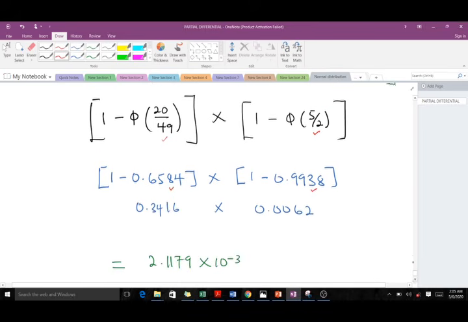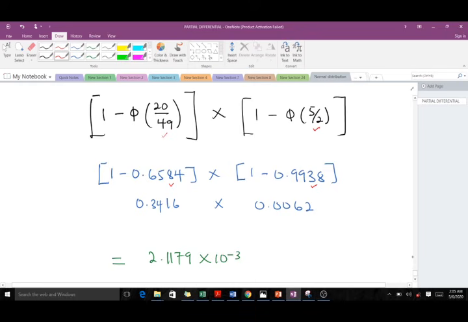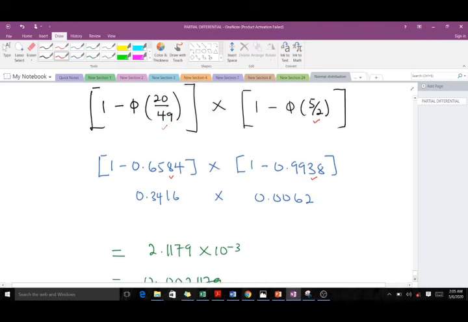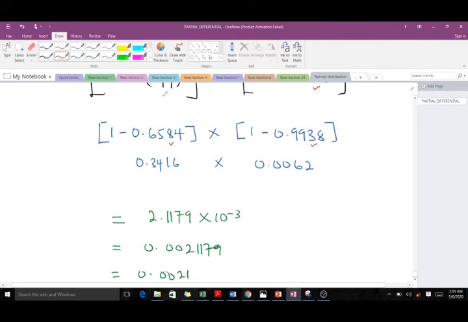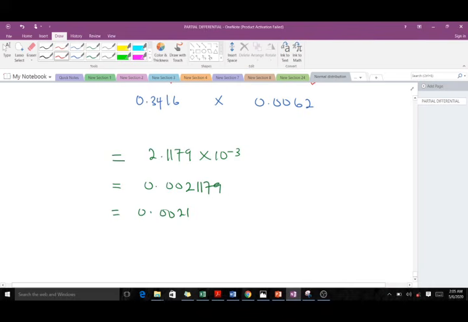And the next thing for you to do is just to do your arithmetic computation. So after doing everything, you get your probability to be 2.1179 times 10 raised to the power negative 3, which is 0.00211179, which rounded to 4 decimal places gives you this, right? So that's the solution to our question.